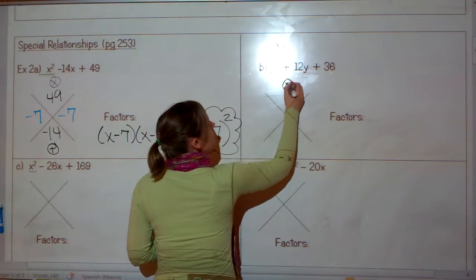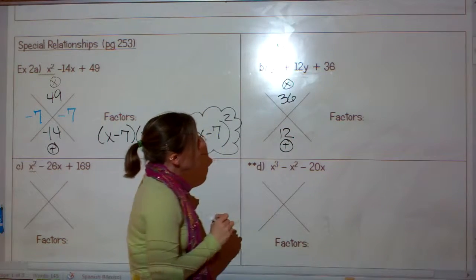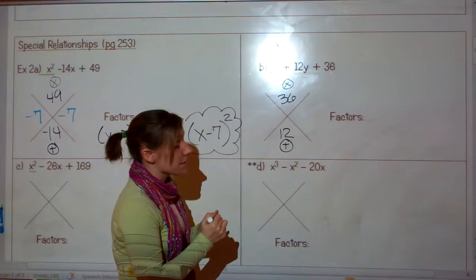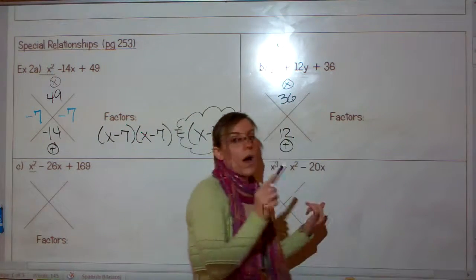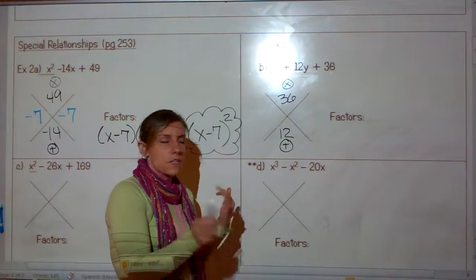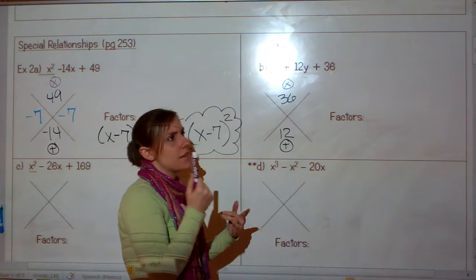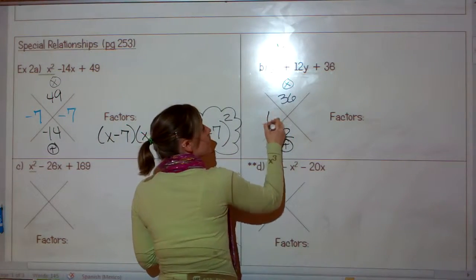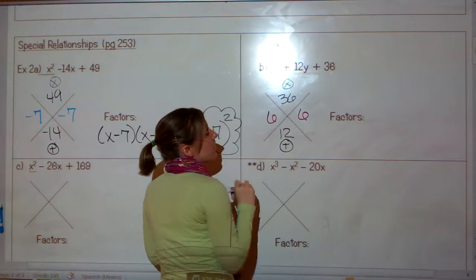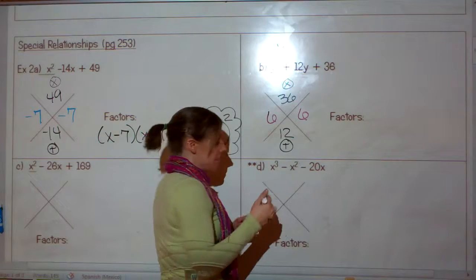So what multiplies to 36 and adds to 12? Well, in this case, they're both positive because it multiplies to a positive and it adds to a positive. So 1 and 36 don't work, 2 and 18, you just go down the line. 4 and 9 don't work, but 6 and 6 do. Again, they repeat each other. So 6 times 6 does give you 36 when you multiply them, but it also gives you 12 when you add them.